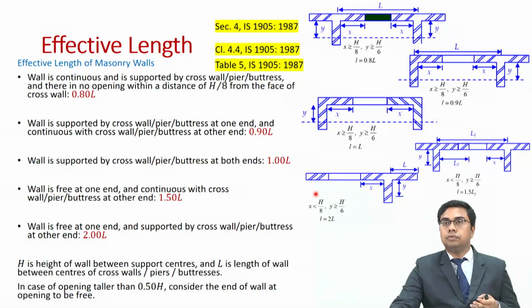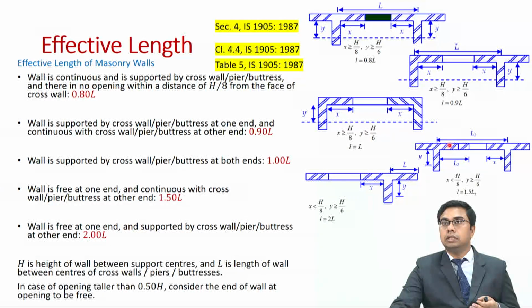Finally, this case where we have the wall being free at one end, as you can see we are interested in this wall. This is free at this end, and at the other end it is supported by a cross wall or pier or buttress, and in this case we say that the effective length shall be twice the length of the wall. Now, between these two cases, what is the difference?